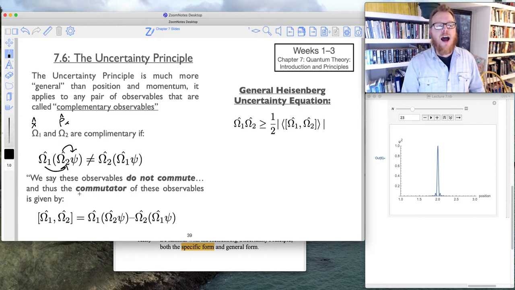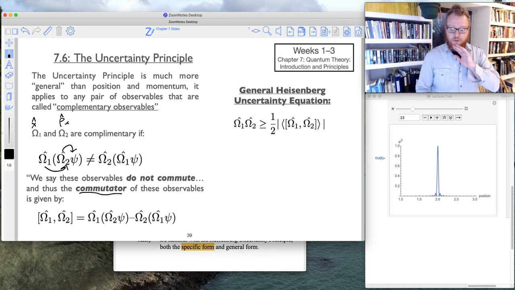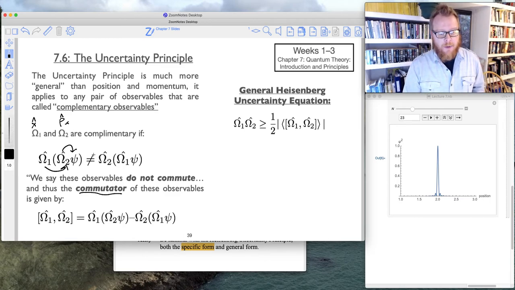The commutator of these observables is the difference between those two operations. So for example, suppose this was not a does-not-equal sign, but an equal sign.